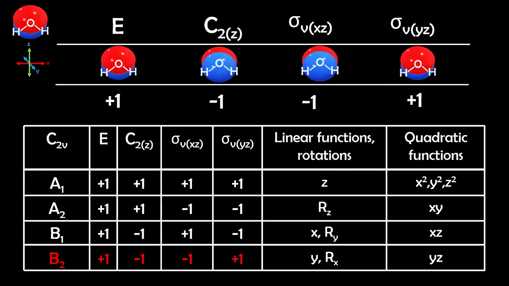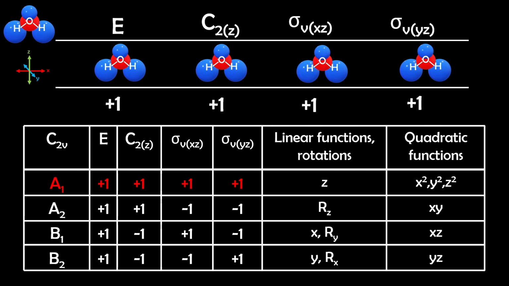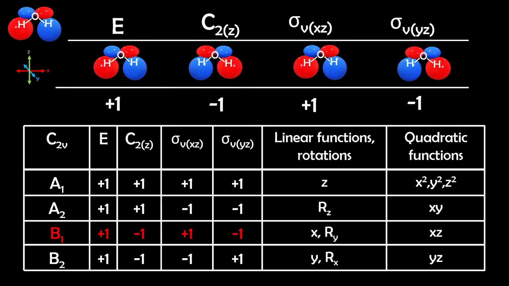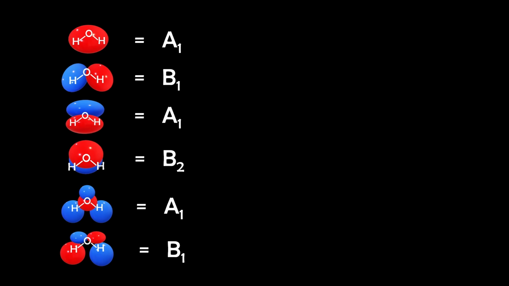For this one, it flips under both C2 and sigma XZ, so we have B2. For this one, again, it stays unchanged, so we have A1. And for this one, it flips under C2 rotation and XYZ reflection, so we have B1. So H2O's molecular orbitals fall into A1, B1, and B2.